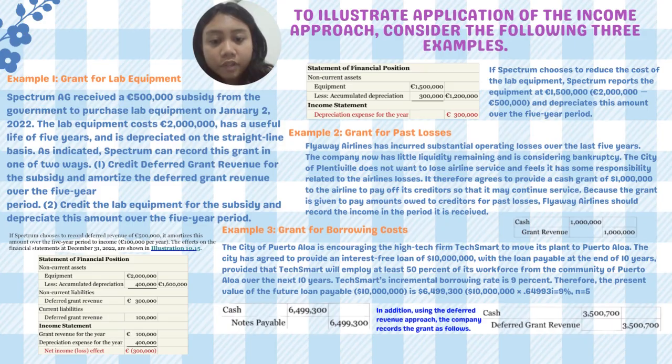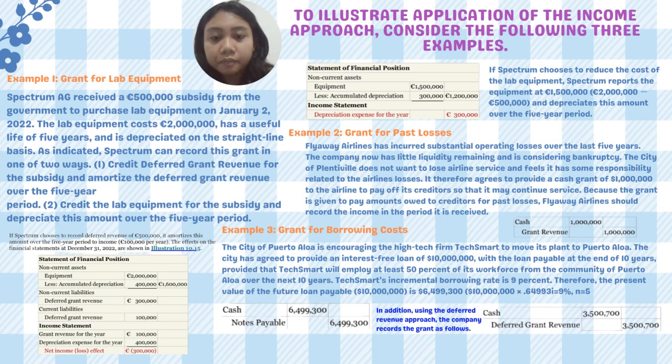And the income statement goes like grant revenue for each year is 100,000, and then the depreciation expense for the year is 400,000. So we are at a loss. The effect is a loss.